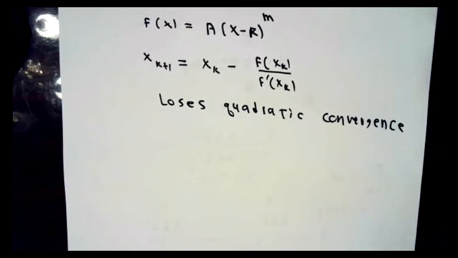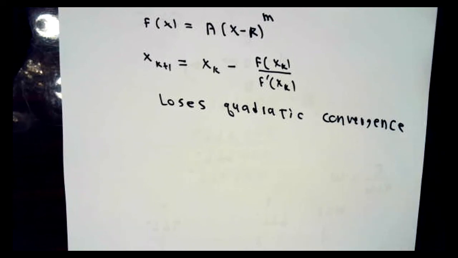We have looked explicitly at a toy problem of type f(x) = a(x - r)^m, where m is a positive whole number larger than 1, so that r is a root of multiplicity m bigger than 1.